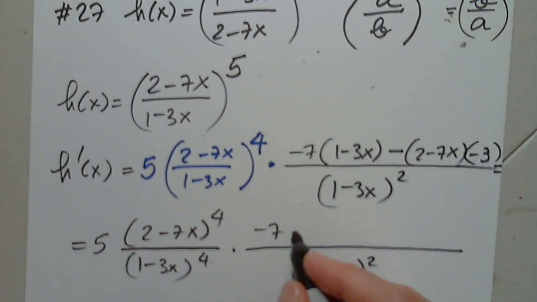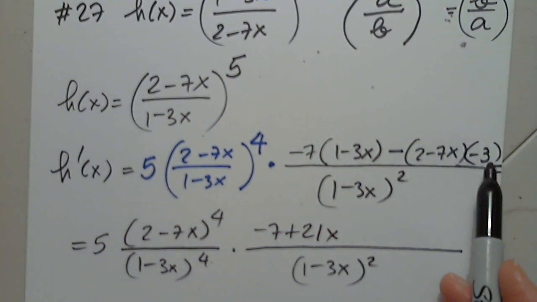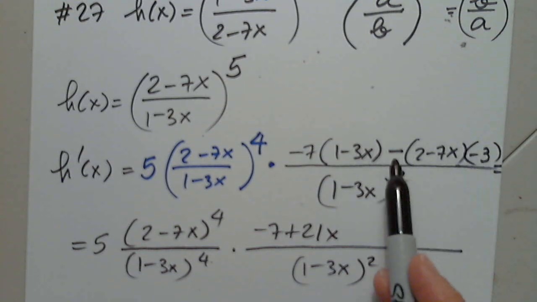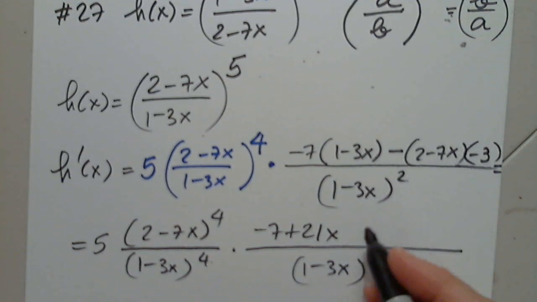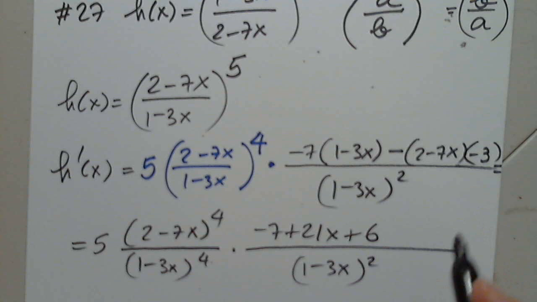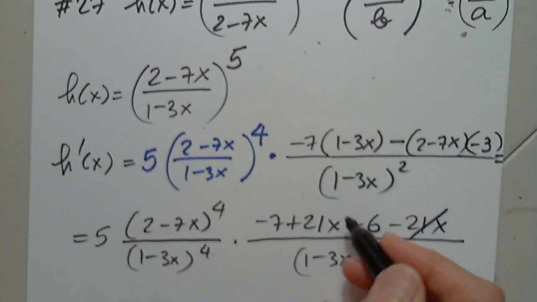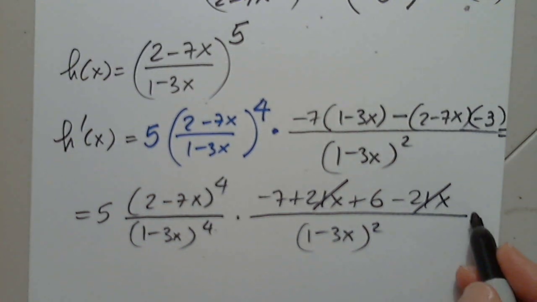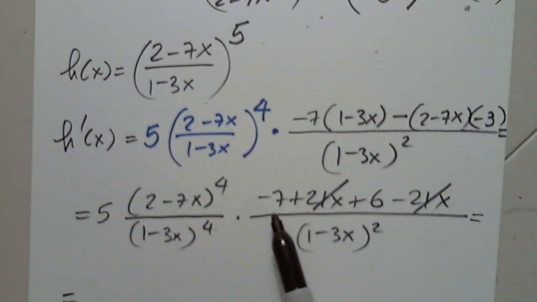Negative 7 times negative 3x. Negative 3 times negative 1, so it's plus 3. 3 times 2. 3 times negative 7x. Nice. Negative 7 times plus 6 is negative 1, times 5 in front. So I have negative 5.